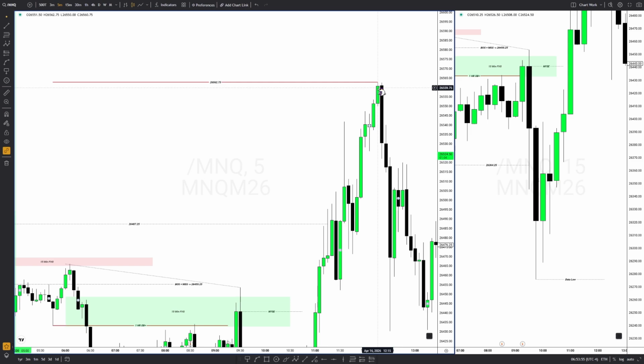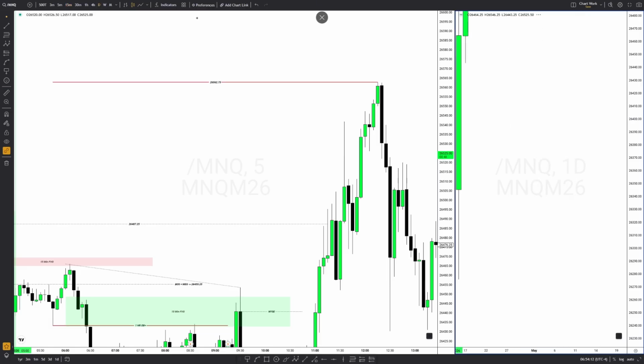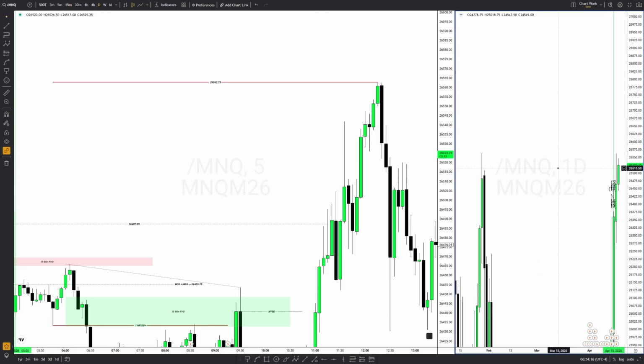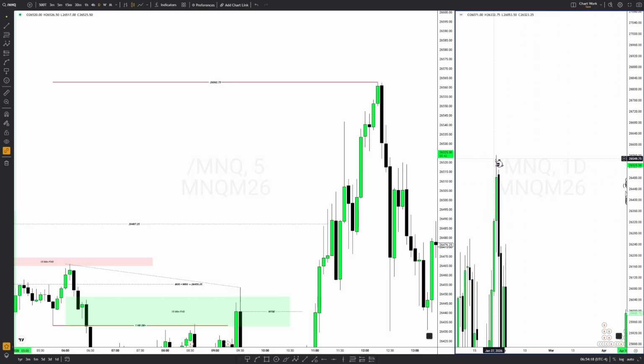So it literally traded into this old level of buy side. This level here comes directly from the daily. This is literally a PD array from the daily time frame. So if I move over to the daily chart and look for that price level, it's pretty much this price level right here.